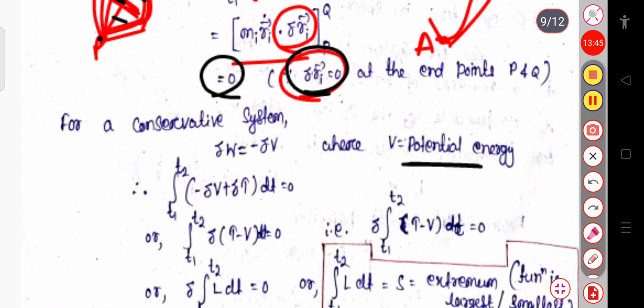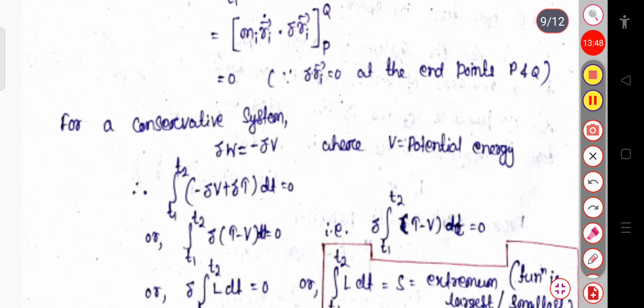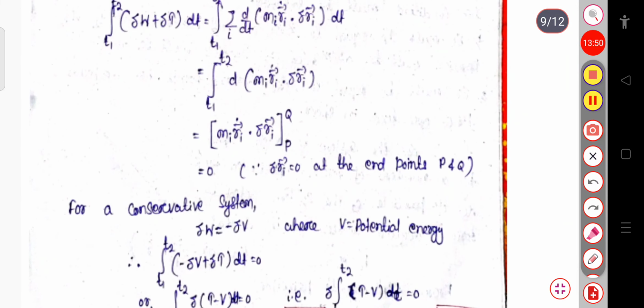Now if I substitute this value in the above expression, delta W plus delta T into dt equals 0. Putting in place of delta W minus delta V, this will be the integral of minus delta V plus delta T, whole into dt, equal to 0.